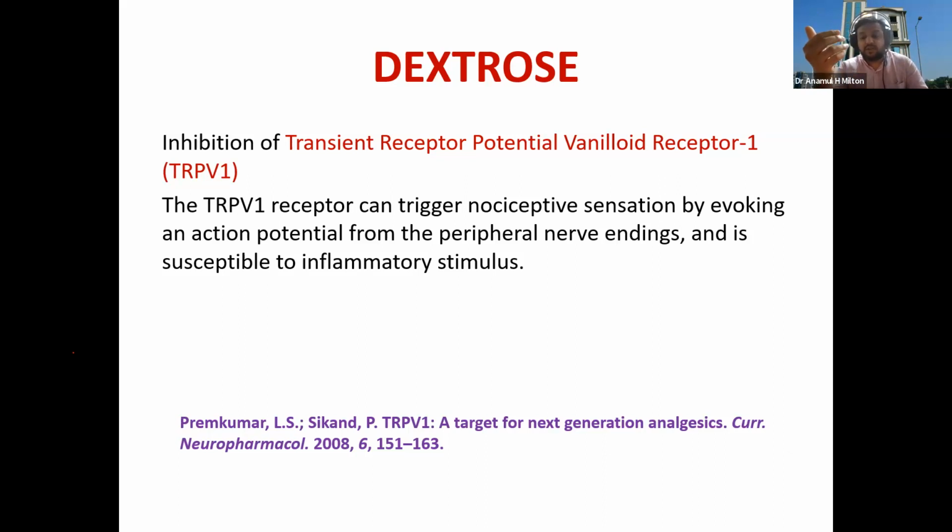So it inhibits the transient receptor potential vanilloid receptor 1. So it reduces the nociceptive sensation, the evocation of the action potential by the peripheral nerve ending, and subsequently it decreases the inflammation.